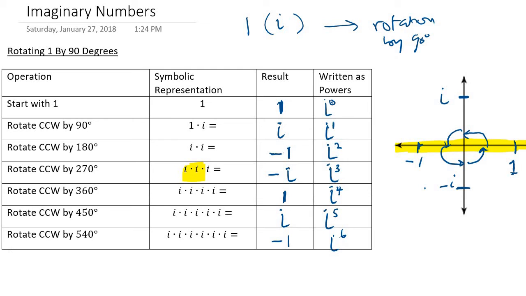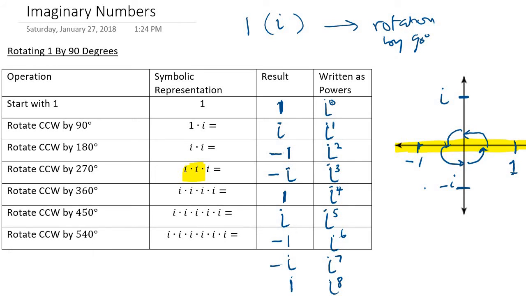So I can project i to the 7th to be -i, and then i to the 8th will be 1.